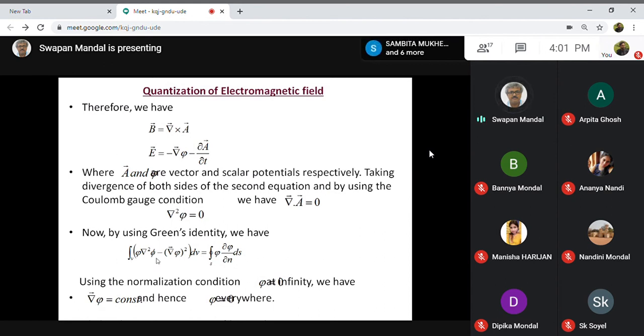So phi is constant everywhere. Again, phi vanishes at infinity, so phi equal to 0 everywhere. So this is the logic, and therefore phi equal to 0 everywhere under the Coulomb gauge condition. This is an added advantage for the Coulomb gauge condition, and this is extremely useful for quantization of the electromagnetic field. Okay.